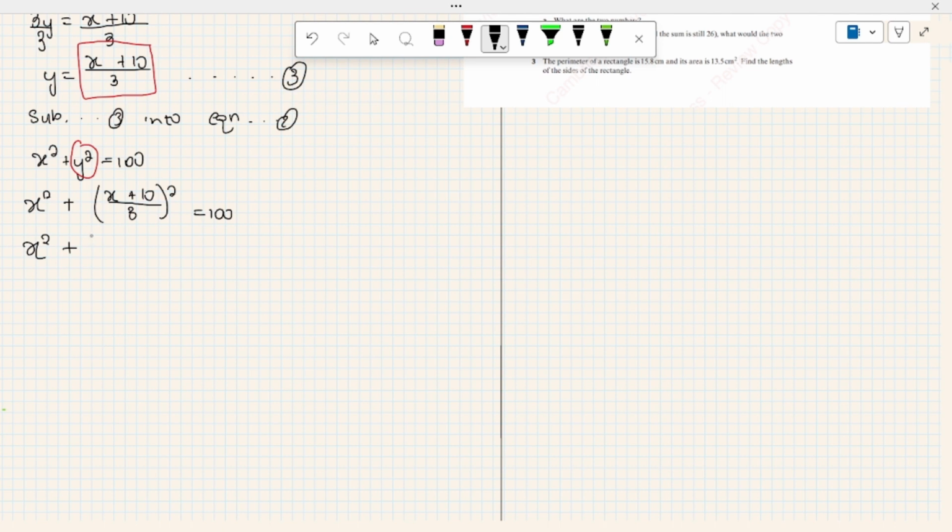We're going to get x squared, 10 times x is 10x, times 2 is 20x, then 10 squared is 100, all over 3 squared, which is over 9, is equal to 100.